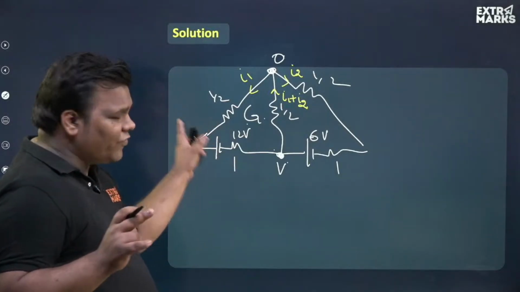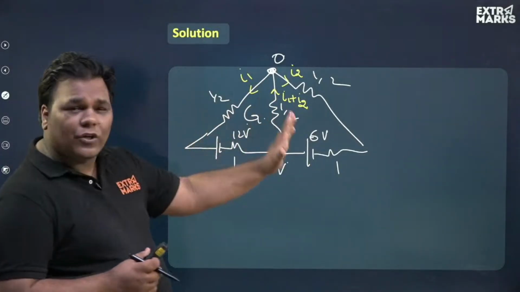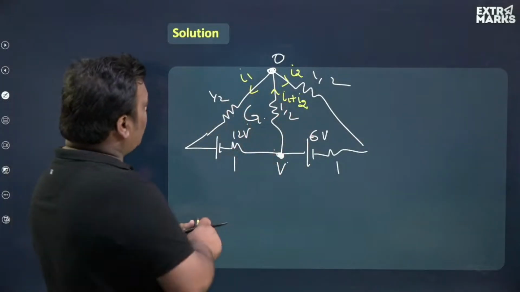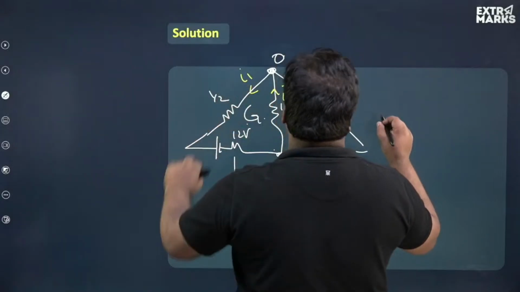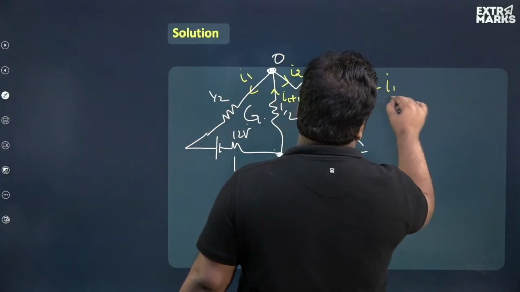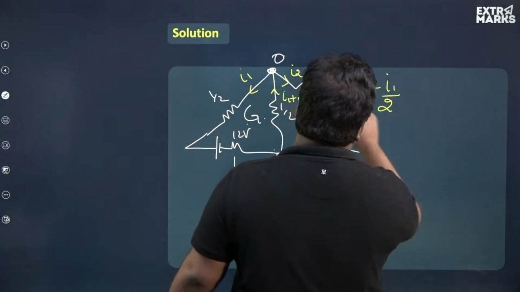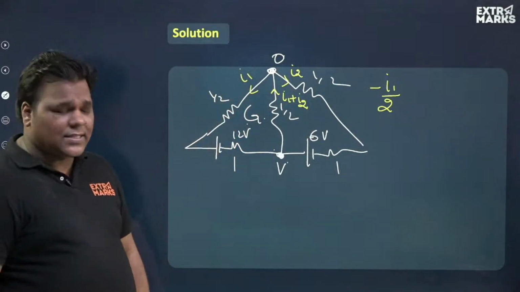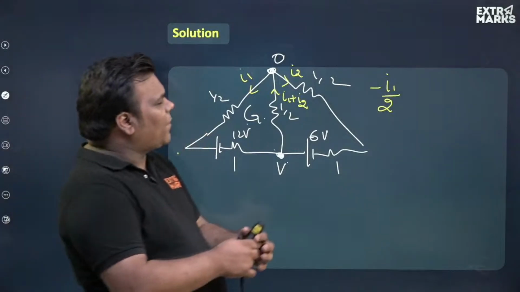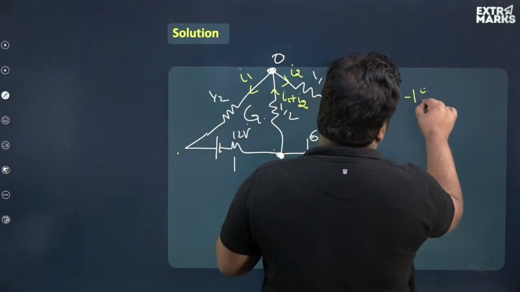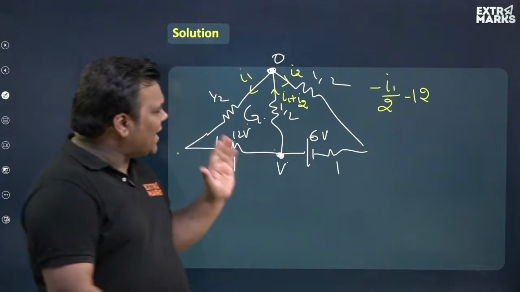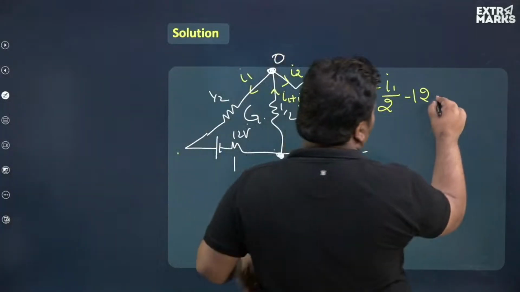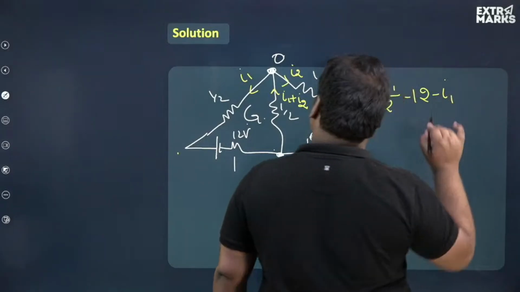Now we have everything. We have 2 loops and we have 2 equations and 2 unknowns. How? See, in the direction of the current, the voltage drop is negative, so minus I1 divided by 2, the voltage drop across this resistance. Now, the second plate of the battery is minus 12. In the direction of the current, the voltage drop is negative, so that is again minus I1.